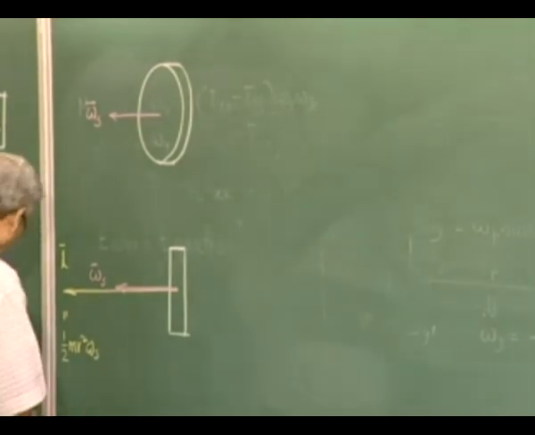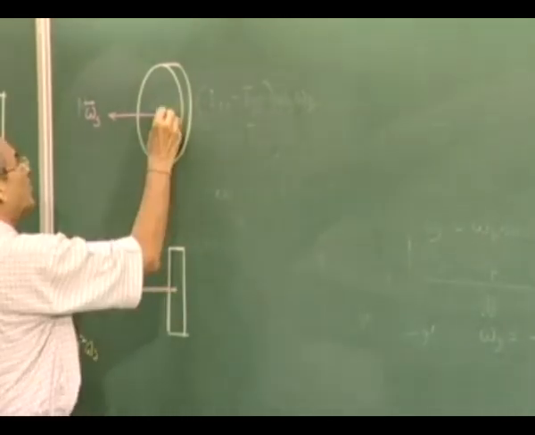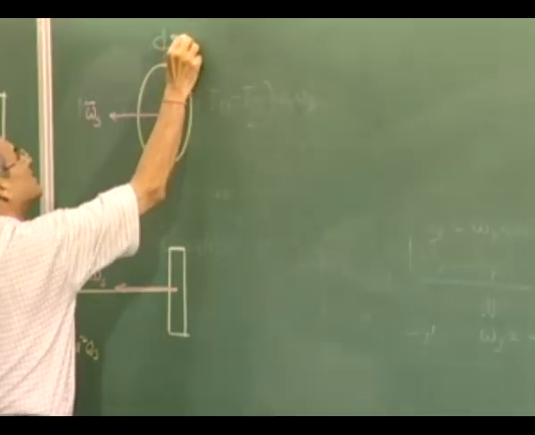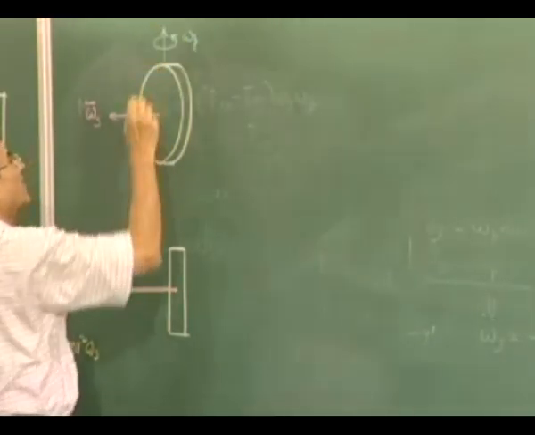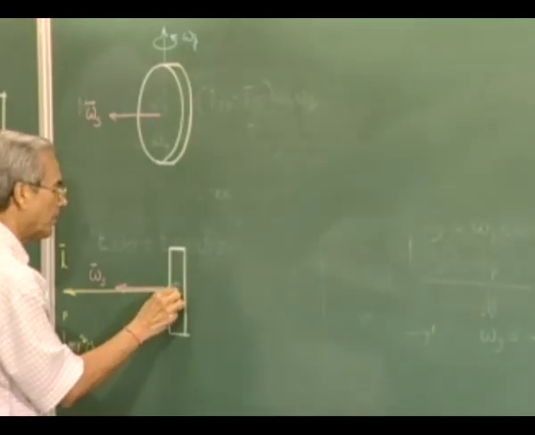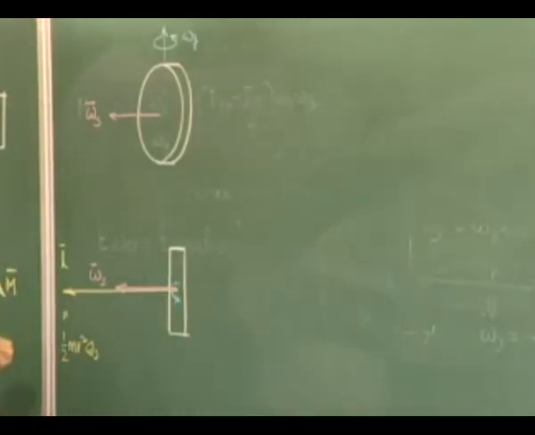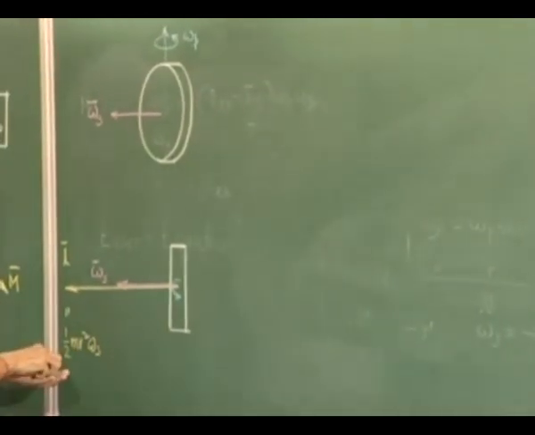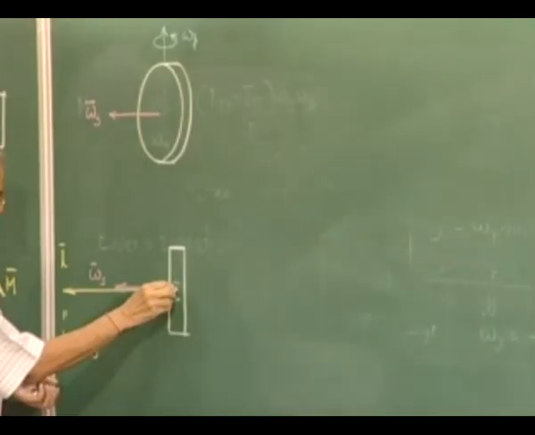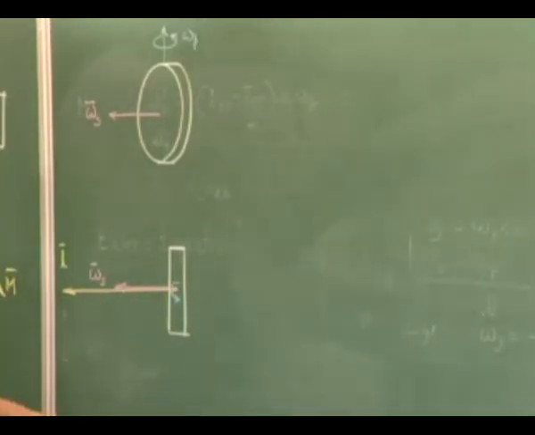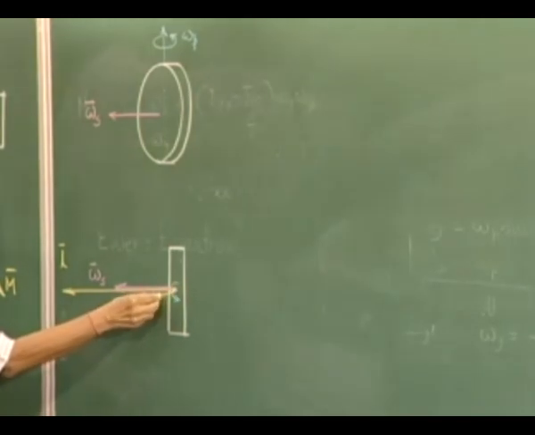Now I am giving a rotation to this about this axis. So that means I am giving a rotation about this with a velocity omega p. So in time delta t, the whole thing will come somewhere here.